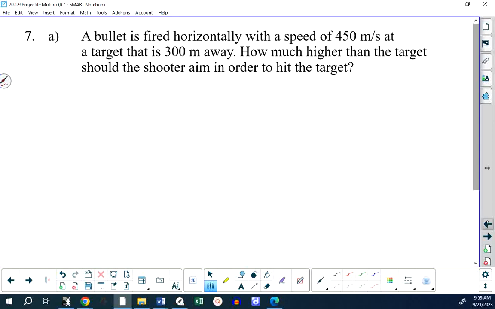I'm not sure. I don't want to get too much into all of this because it's a little off topic. But there's scopes on rifles, and I don't know if you've seen movies where snipers will adjust the scope. They will estimate the distance and then adjust the scope so that when they're looking through it, the rifle is actually aimed up.